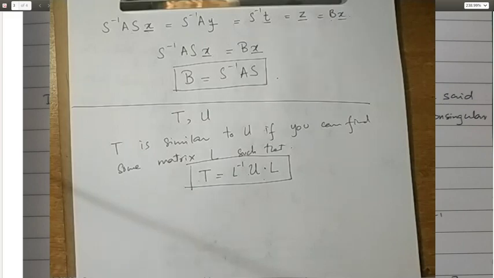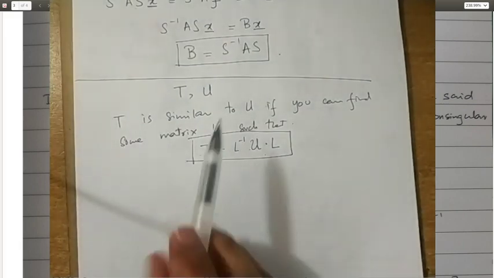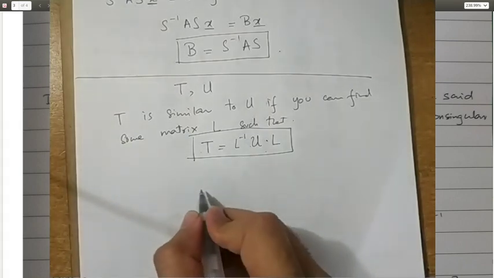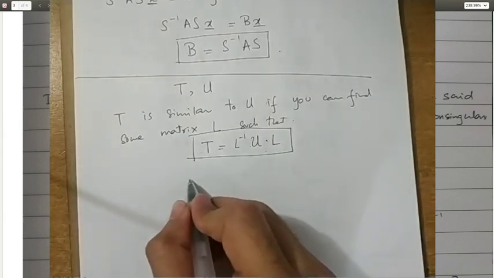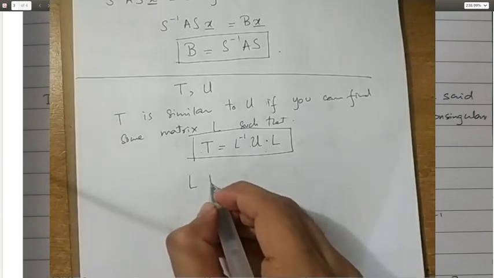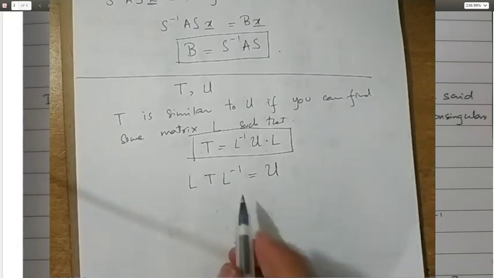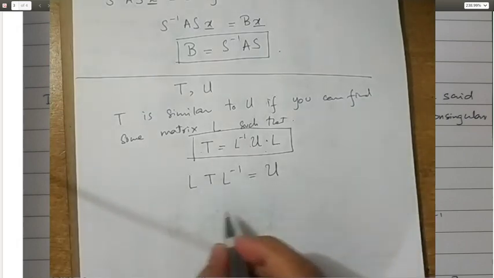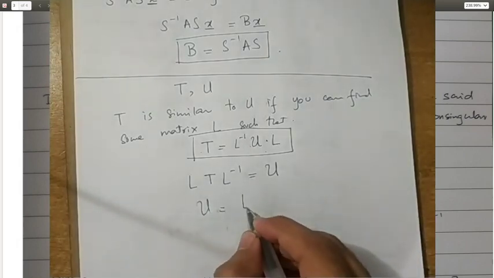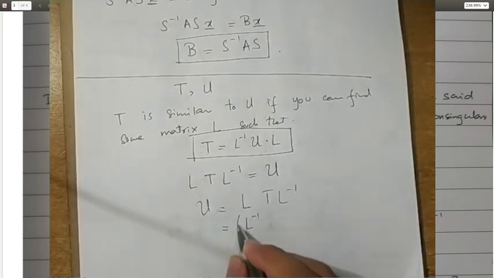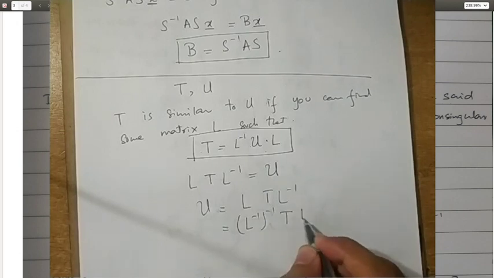And of course this is a symmetric definition, because if T is similar to U, then I can take these matrices to the other side and say L T L inverse equals U. So I can write U as L T L inverse, which can of course be written as L inverse inverse T times L inverse.